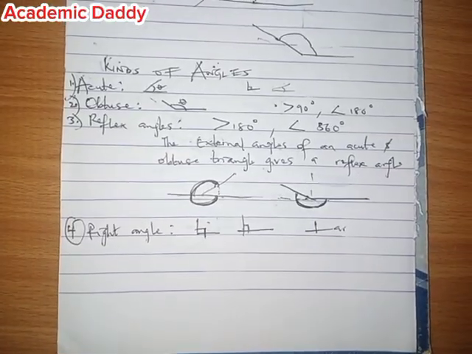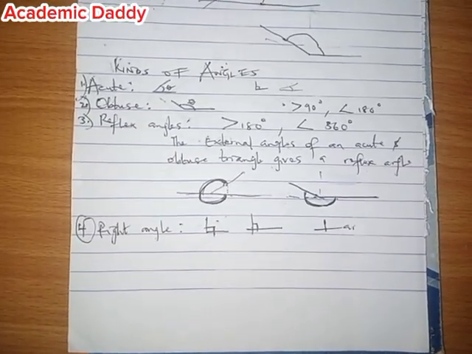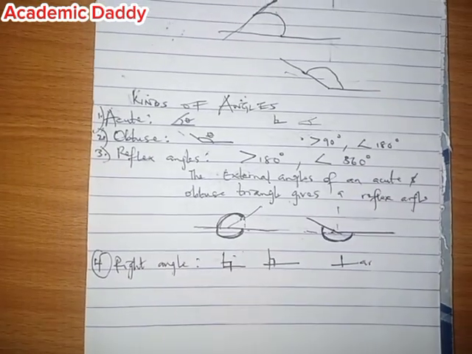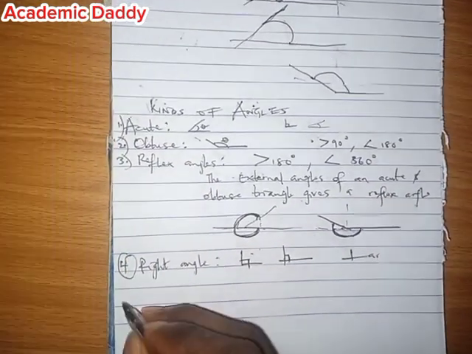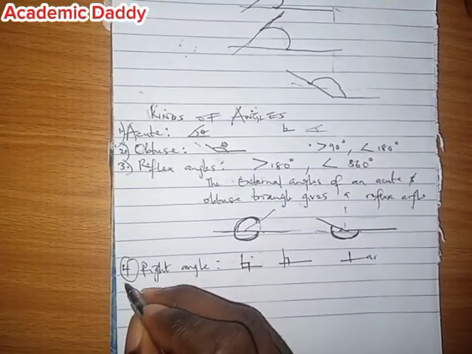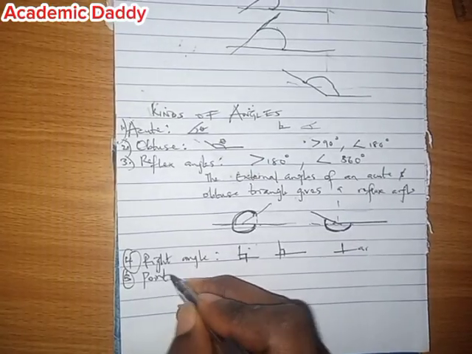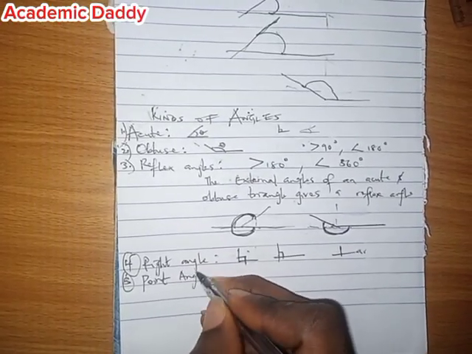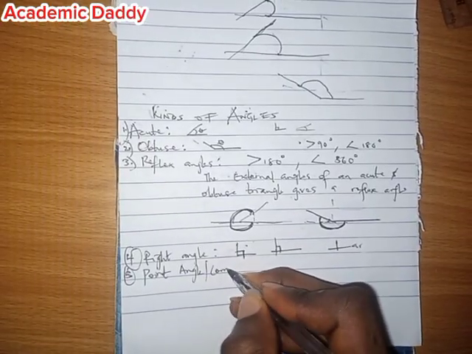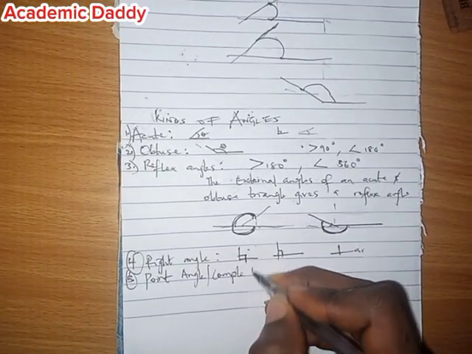So if you say something forms a perpendicular, it means it forms 90 degrees. The fifth one is what we call point angle or complete angle.